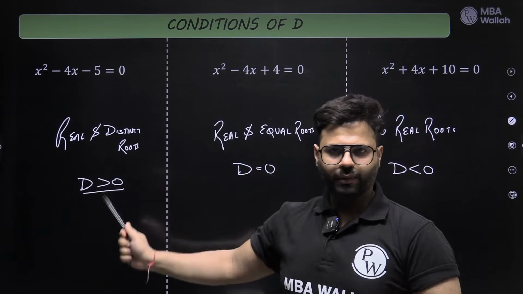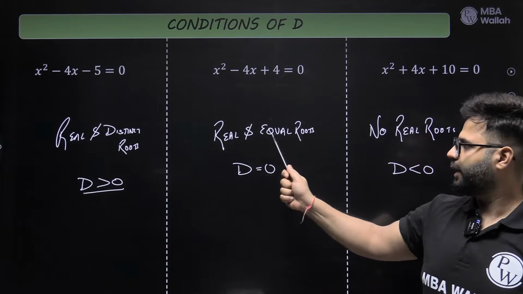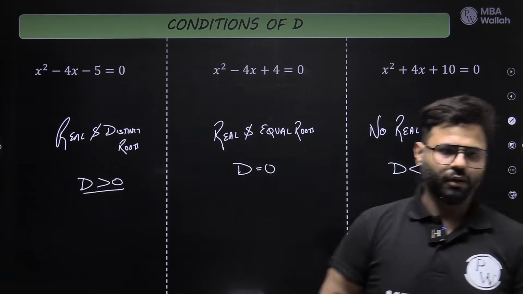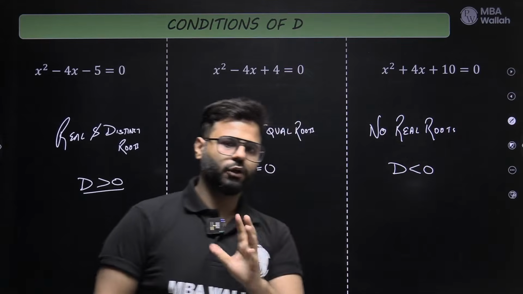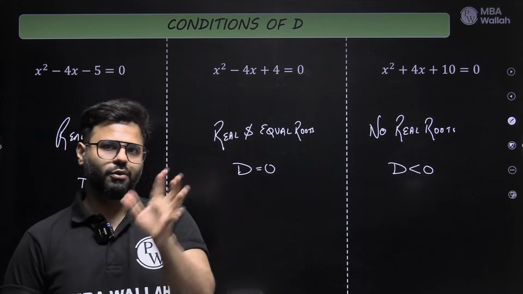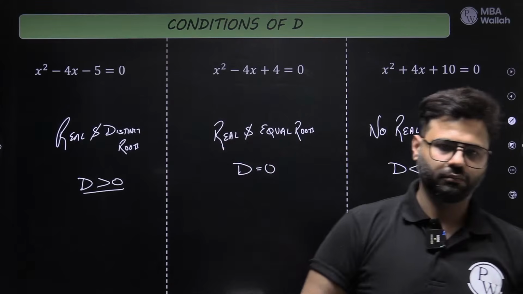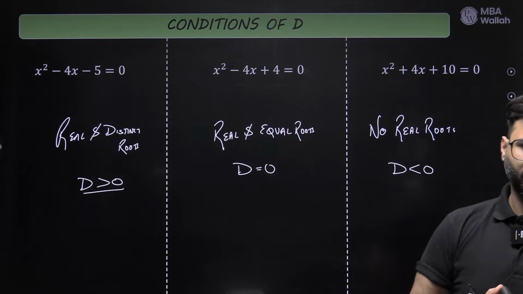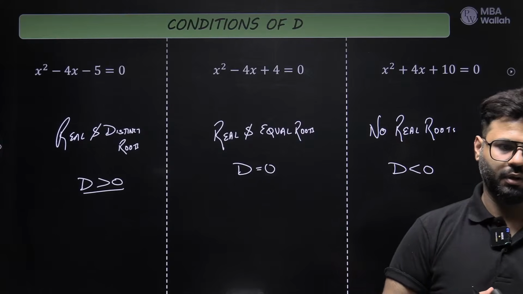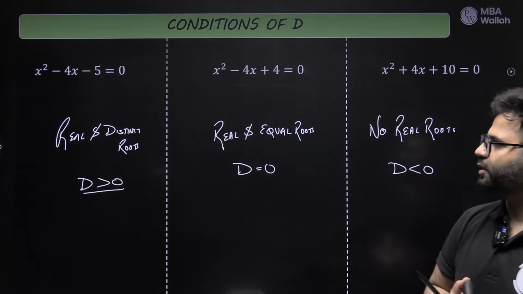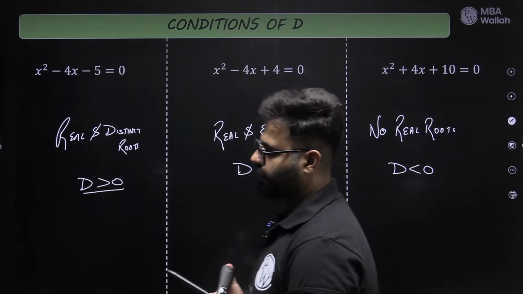Real and distinct, you will write this. Real and equal, you will write this. No real root, you will write this. But if the question says real roots, what will you write?